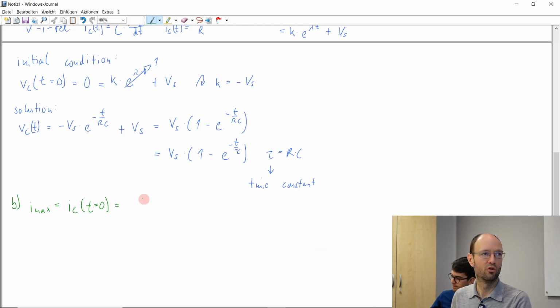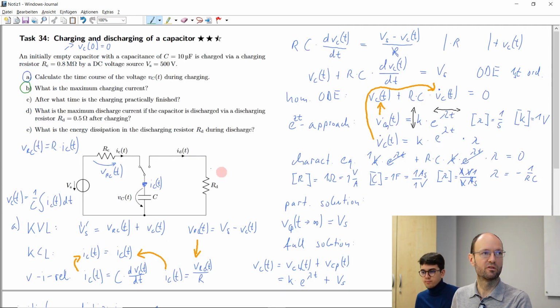V by R? Yeah, exactly. So it's just the source voltage divided by the charging resistor in this case. Because this is just what we said, that for a short moment the full voltage drop needs to be across this resistor, and then the current is voltage divided by this resistance. Okay.